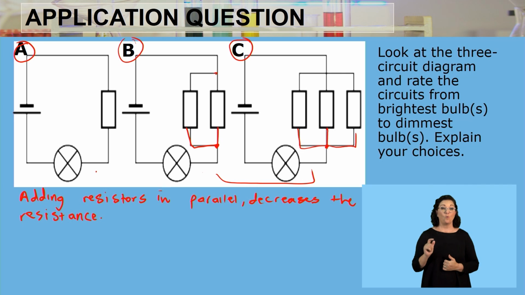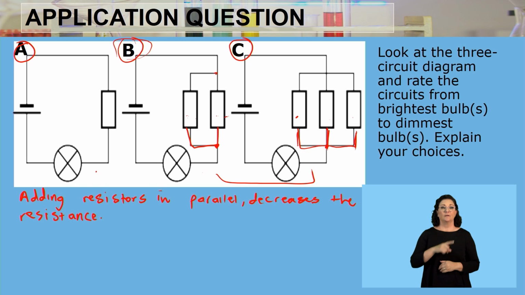However, if all these light bulbs are identical, they will each receive the same amount of current. So in circuit B, these 2 resistors will each receive the same amount of current. In circuit C, each of these 3 resistors will each receive the same amount of current.